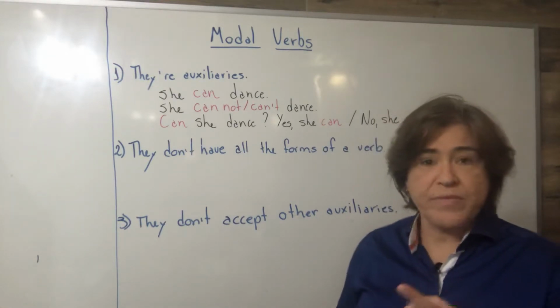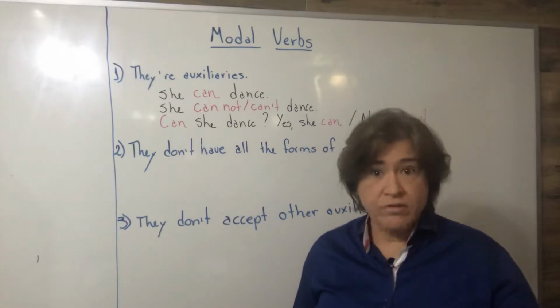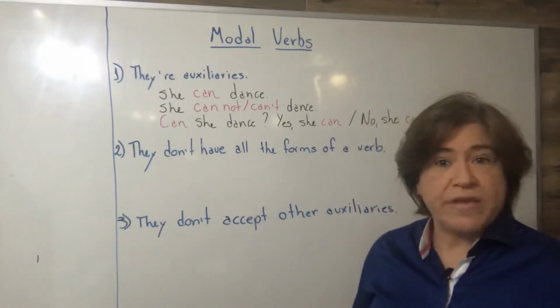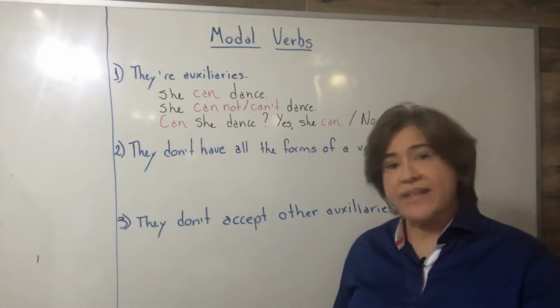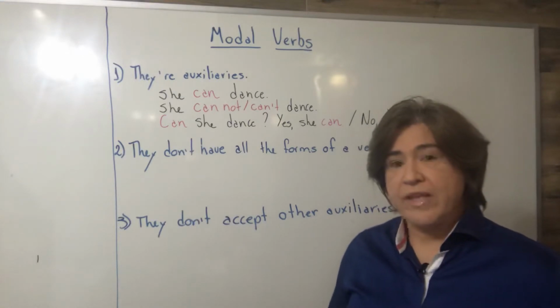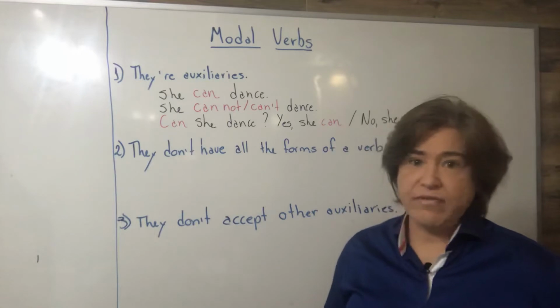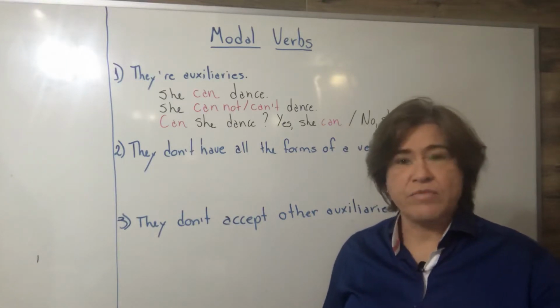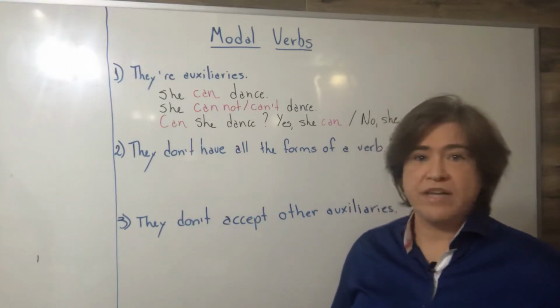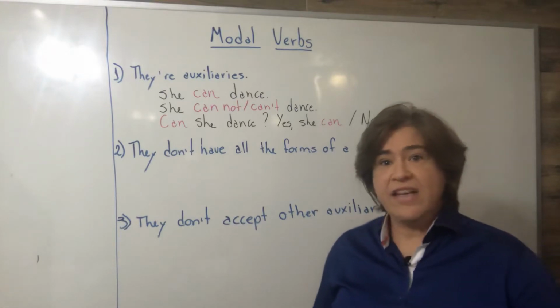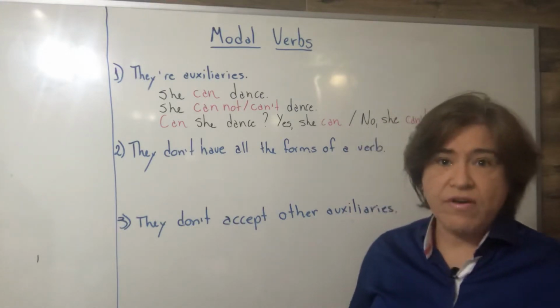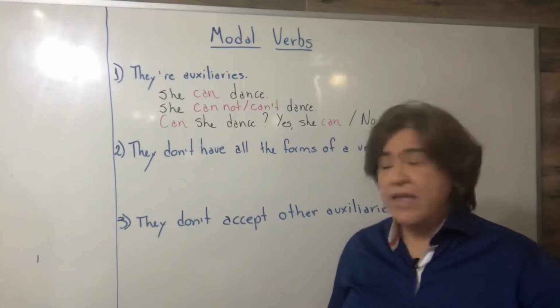The infinitive form, used with to, okay? The simple past form and the past participle form. So this is the big point of modal verbs. They don't have the three forms. Some verbs, for example, like can, have a simple form and the past form.